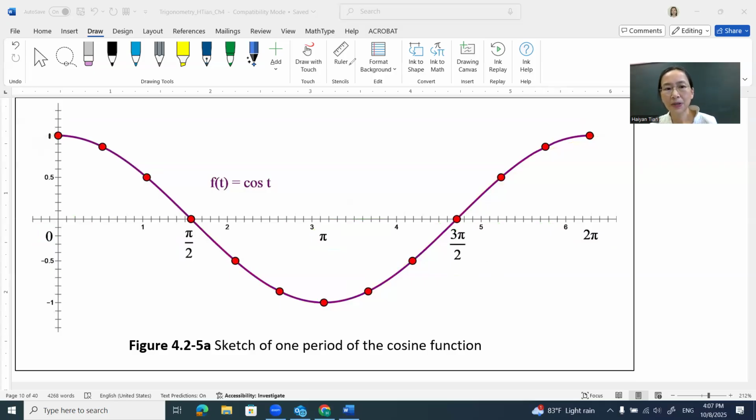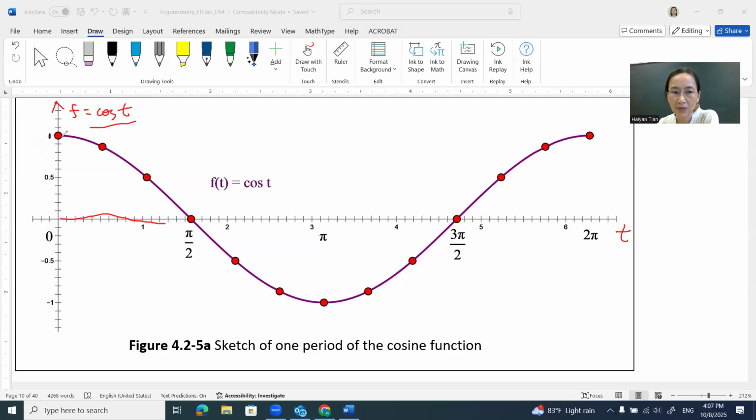And certainly in this picture, the horizontal axis is t. The vertical axis will be the function f, which is cosine t, the cosine value for different t's. So you see the picture, although you see only those special points, only to get a sketch of the cosine, but the cosine curve is defined for every point in this interval.